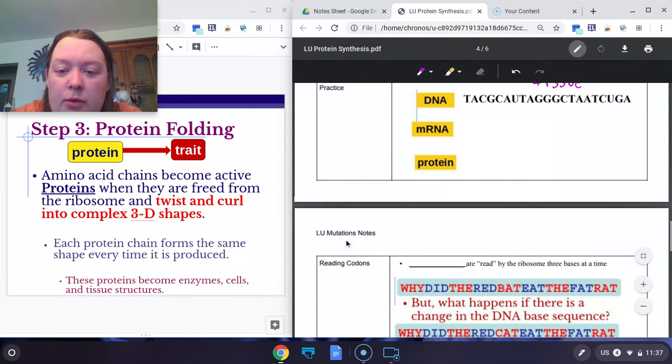So here at the end, we have one more practice section. So we'll go through this as a whole. All right? So we have our DNA. The first step in making a protein out of our DNA is to do transcription.